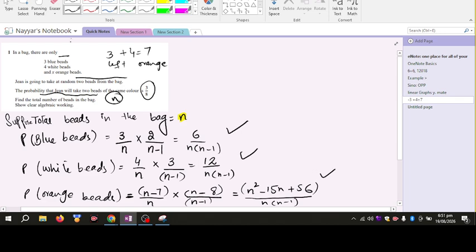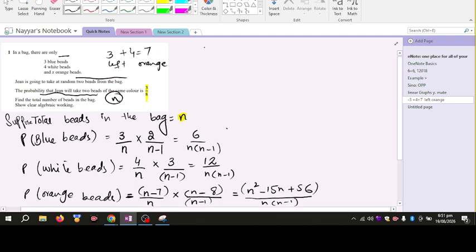When the options are given in the probability question, you add up all the options, right? The probability is 3 by 8, given in the question here. So we are going to add up the options and they are equal to 3 by 8.